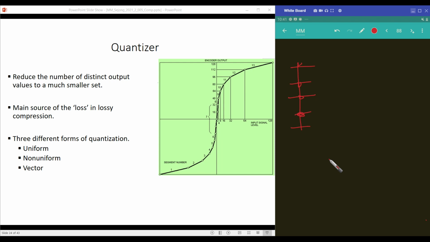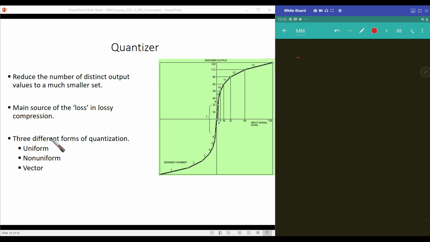Now, these quantizations have different types. One type is uniform quantization, another is non-uniform quantization, and there is another category called vector quantization. Let's understand what we mean by uniform and non-uniform quantization.